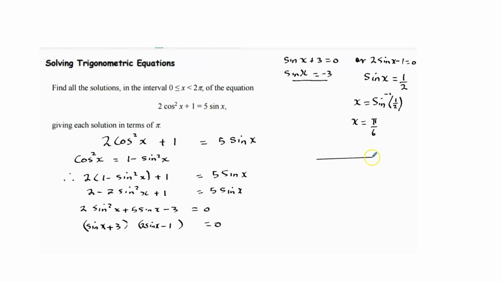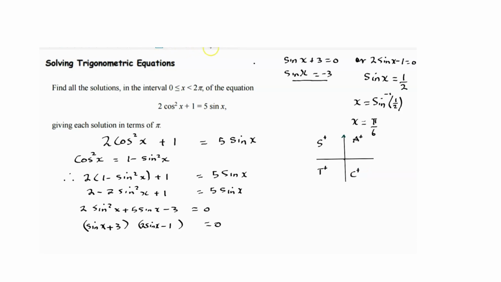So here we have our quadrant diagram. We know that sine x is positive, which means that in this quadrant all of the ratios are positive. So if you can recall, all is positive in here. In this region sine is also positive, in this region tan is positive, and in this region cosine is positive.